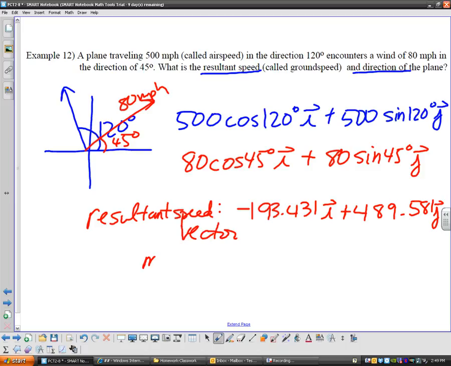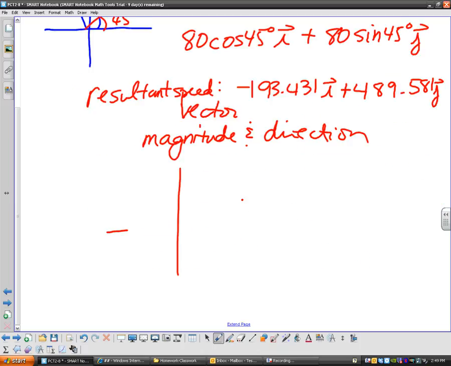We need to find its magnitude and its direction. So we think about that in terms of a triangle, with the horizontal piece being negative 193, the vertical piece being 489. We can find the speed as the hypotenuse of the triangle.